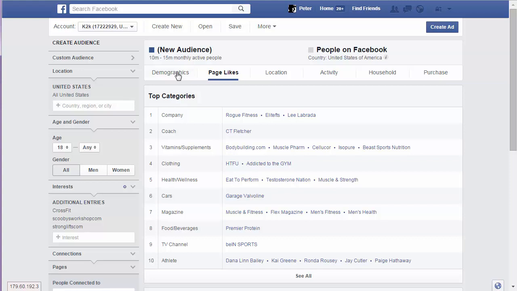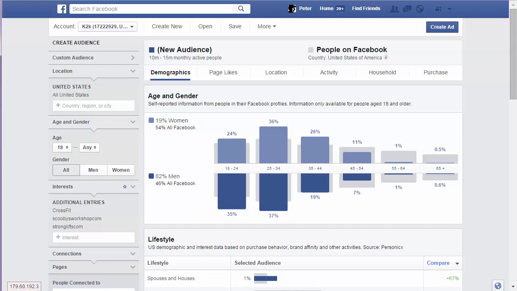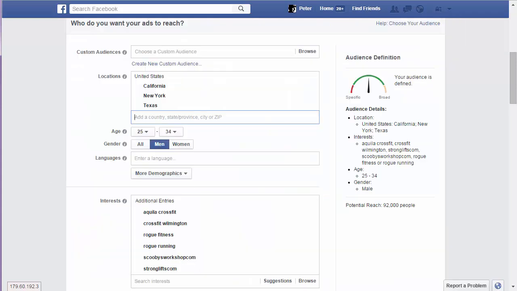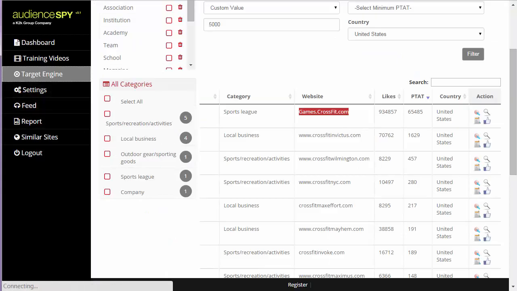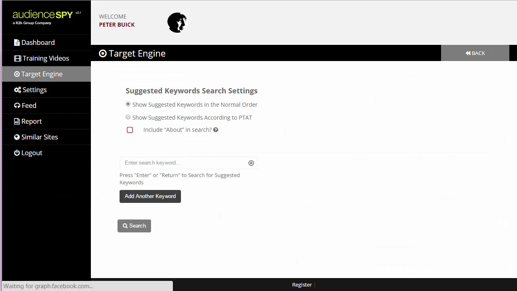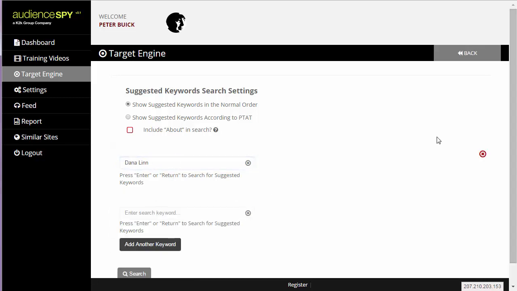So we've got all these extra things here. If we really wanted to build our audience out and test it and everything, we would take the people, the celebrities that we found and that kind of stuff, and we could put them in.